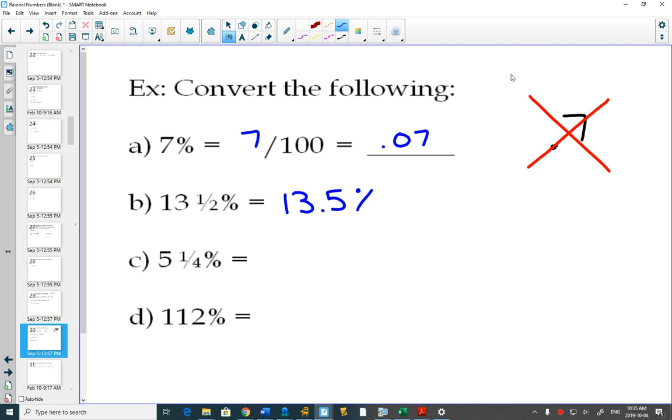are you okay that another way of writing a half is 0.5? So 13.5 would be the same as 13.5%, which, as a fraction, could be written as 13.5 over 100.